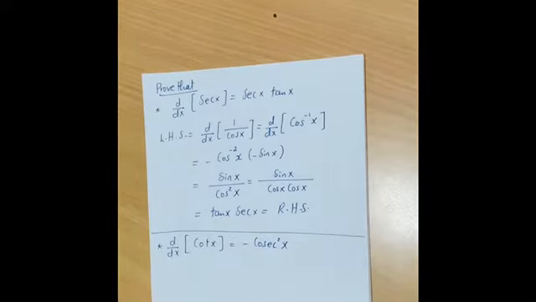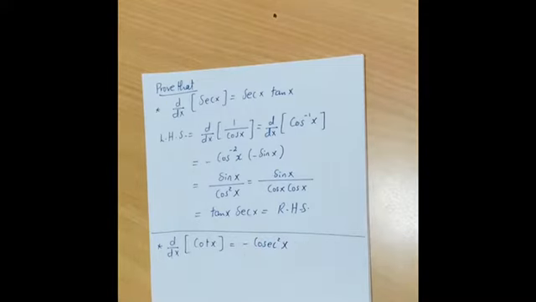So d by dx of 1 over 3 tan of 3x. Keep 1 over 3 as it is, and the derivative of 3x is 3. Differentiation of tan is sec squared of 3x. Then 1 over 3 times 3 is equal to 1, and the derivative is sec squared of 3x.